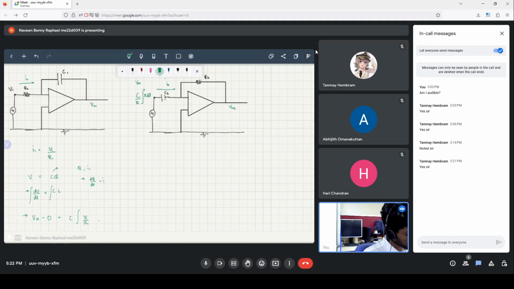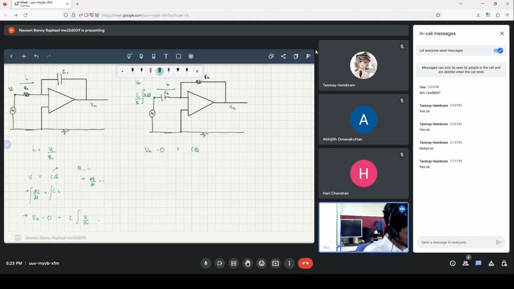Since current is flowing in this direction, we know the potential across the capacitor is V01 minus 0, and that will be equal to Q by C, because this is the equation for the capacitor.